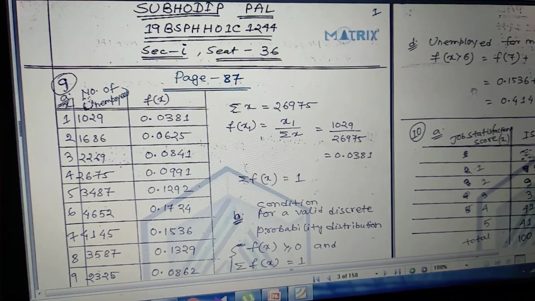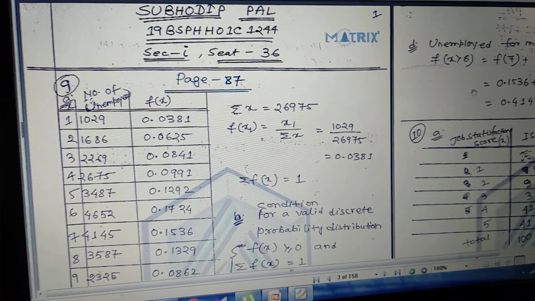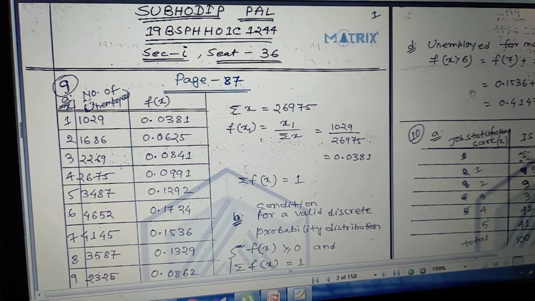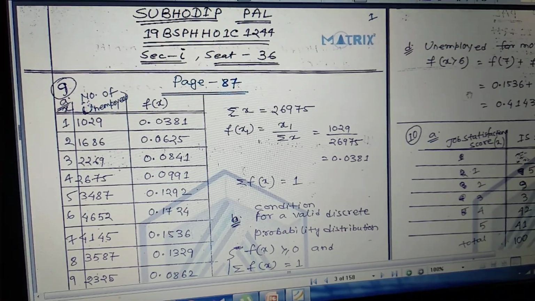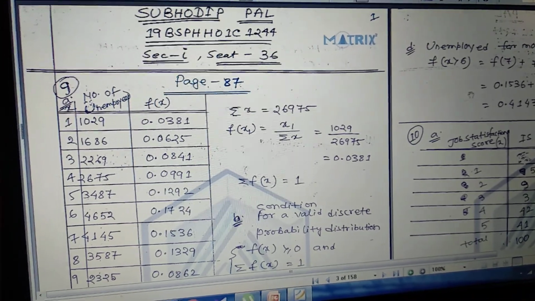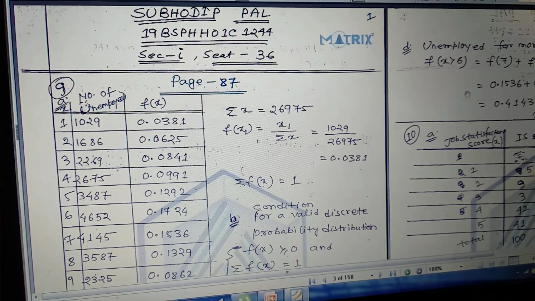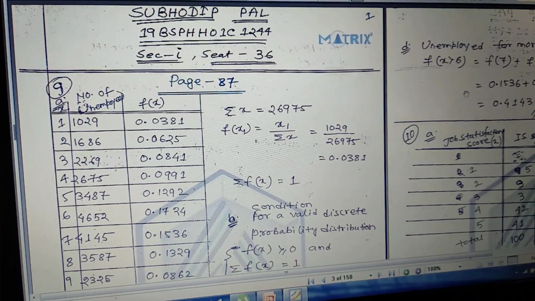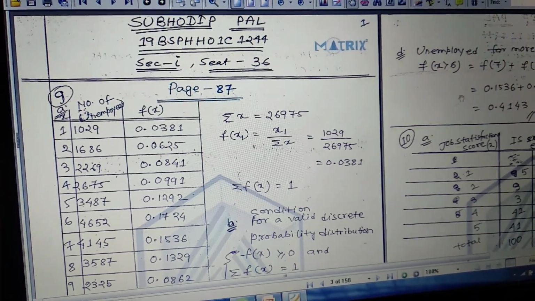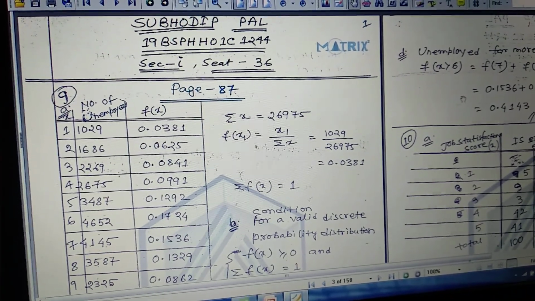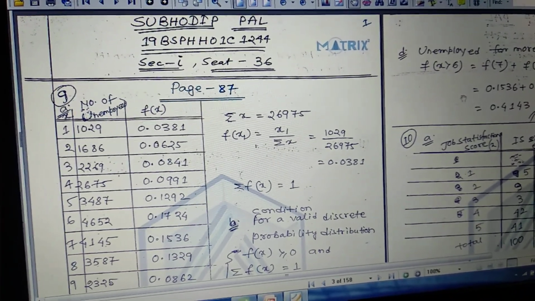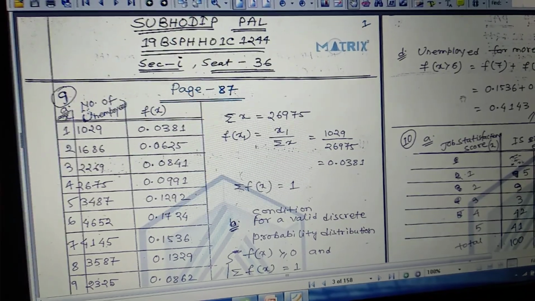First step, we have to find f(x). How do we find f(x)? For x equal to 1, first we have to find the total number of unemployed persons. The total number of unemployed persons is the summation of x, that is 26975.